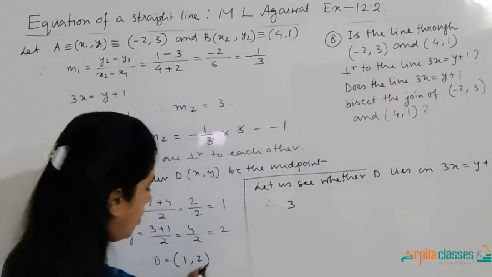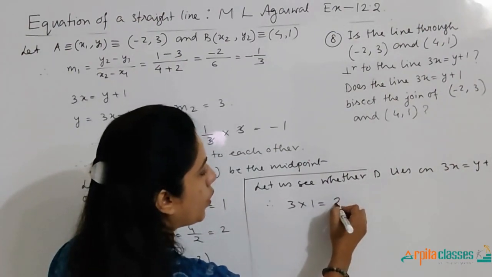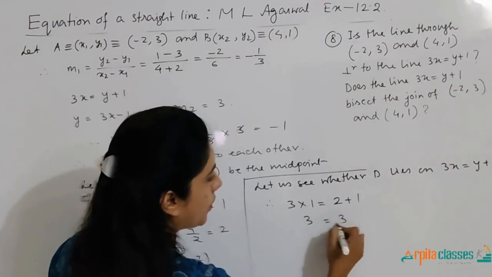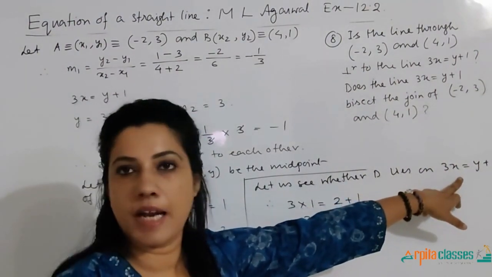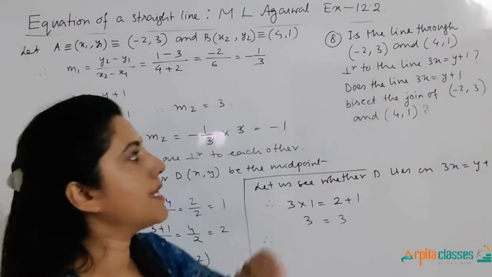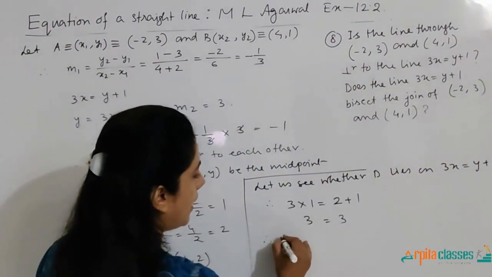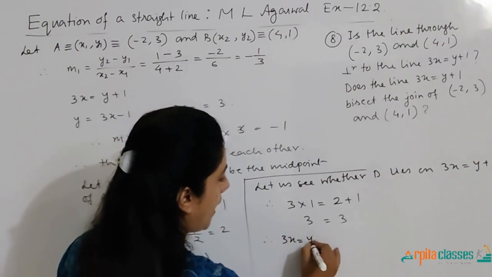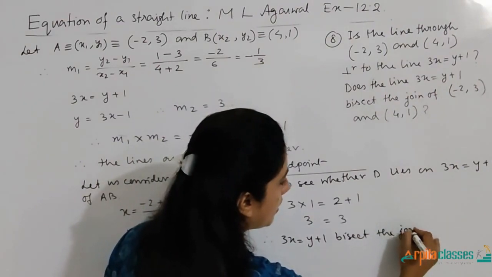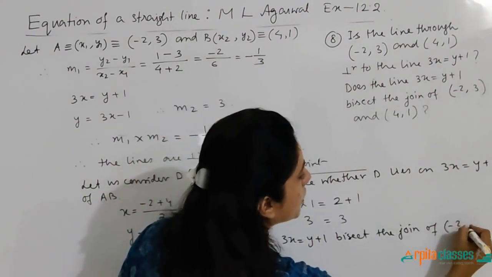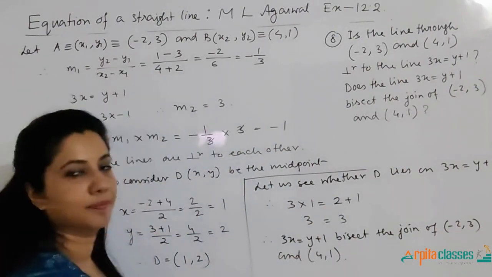Therefore, 3 into x is 1, is equal to y is 2, 2 plus 1, 3 is equal to 3. That means D lies on this line. Therefore, 3x = y + 1 bisects the join of (-2, 3) and (4, 1).